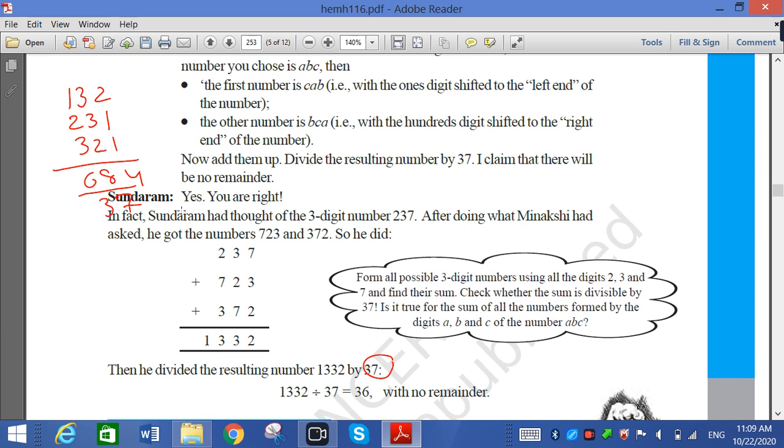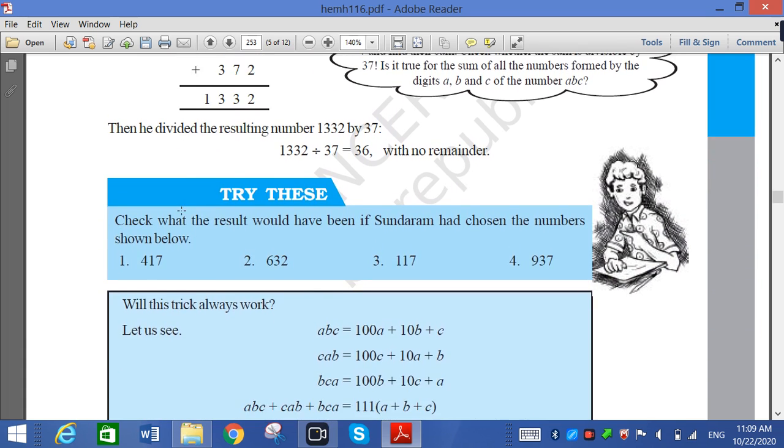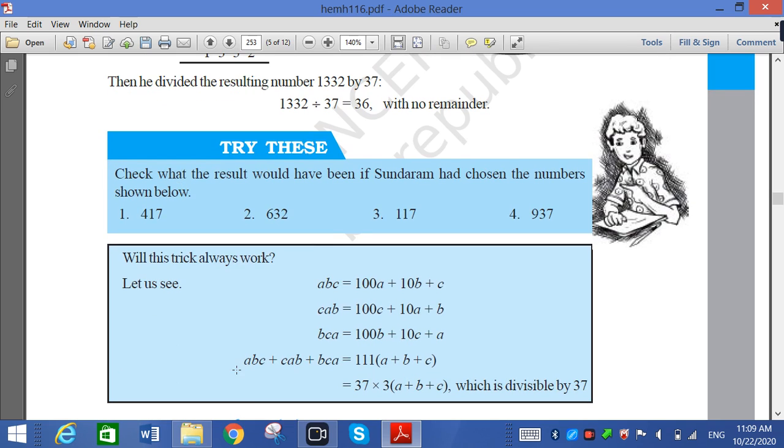That is over. Again, why is it possible? Because it is described here. When you add these, it should be like that: a plus b plus c in 3 different ways. So 37 into 3, which is divisible by 37. 37 into 3 is 111.